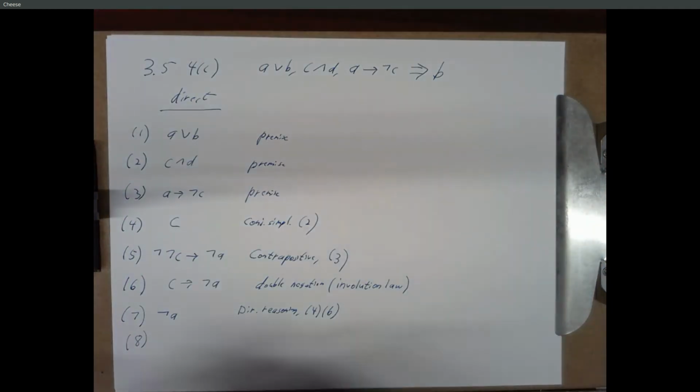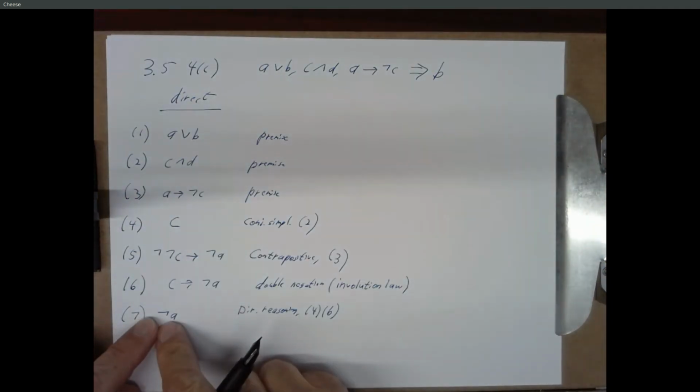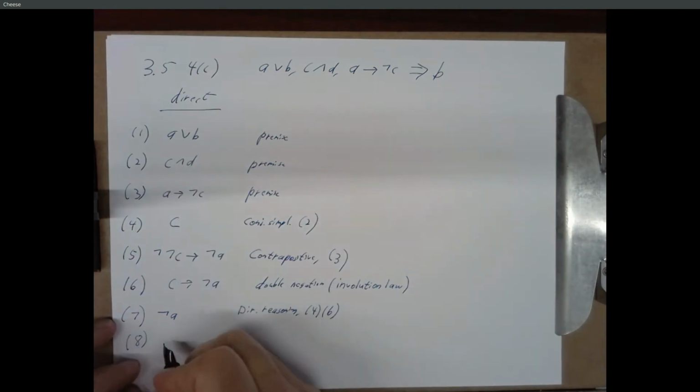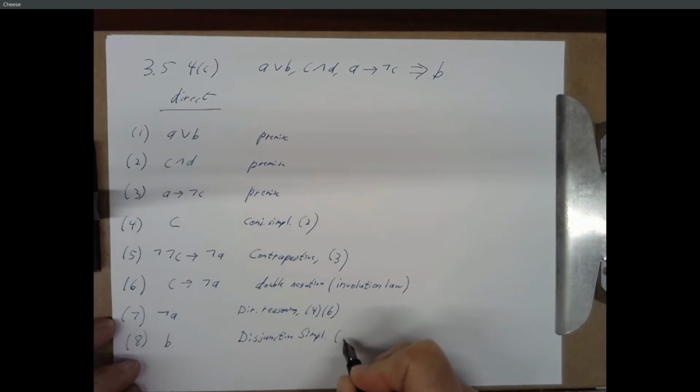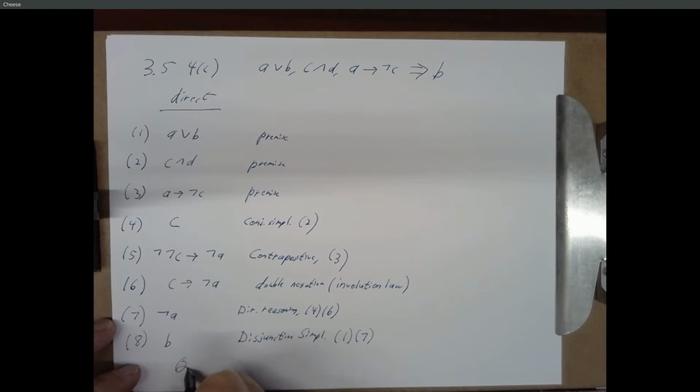Well, we've got A or B and we've got not A. That means B has to be true. And that's disjunctive simplification applied to statements 1 and 7, and that's exactly what we were asked to show, which is B. So that's the end of the direct proof.